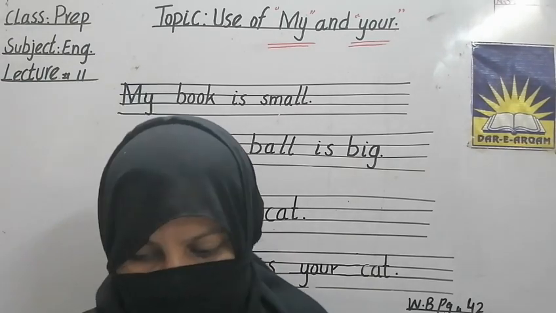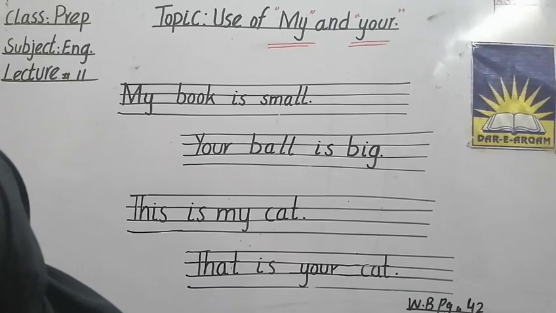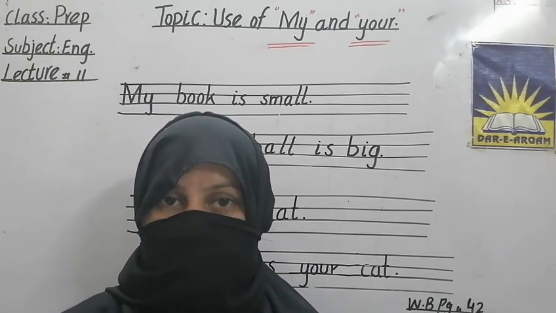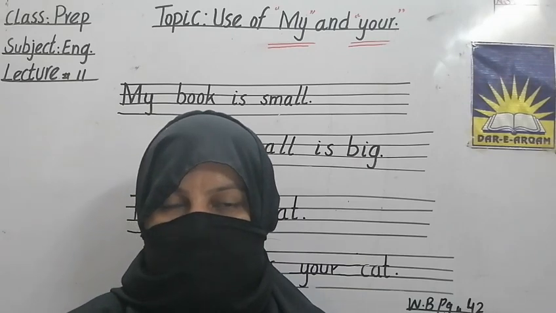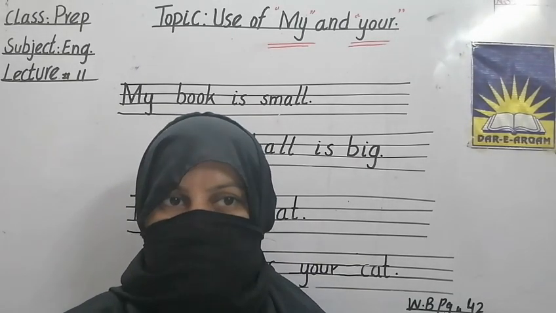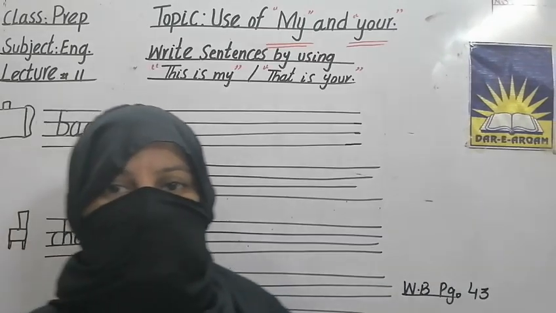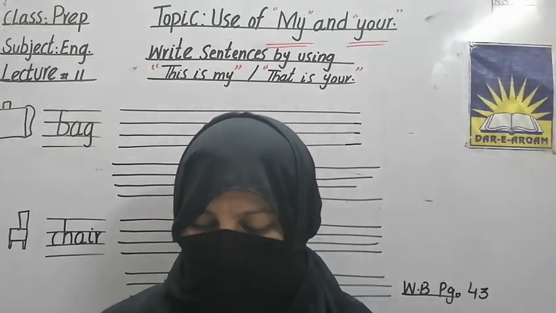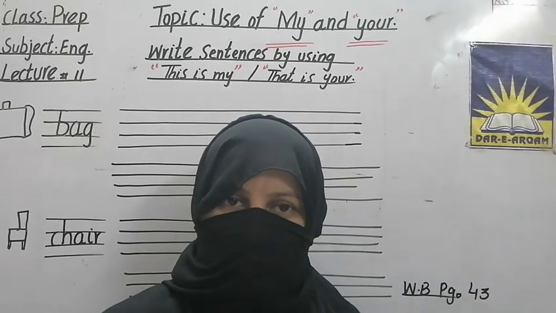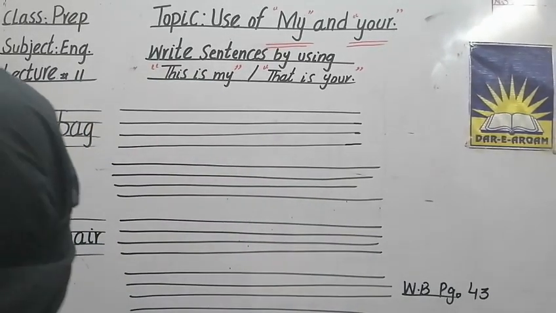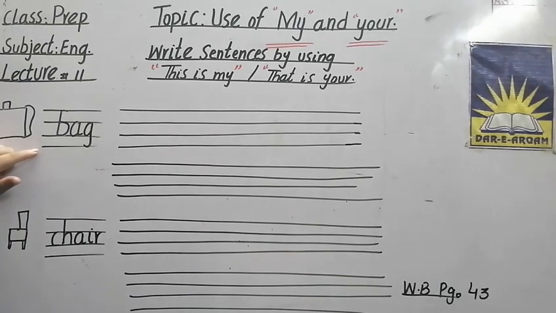Dear students, on the book page number 42, there is one more fill in the blanks. Solve it by yourself. Now students, open the page number 43 of the workbook. There are two words.